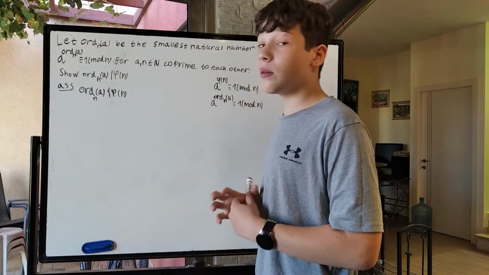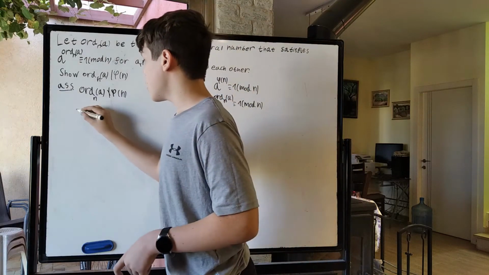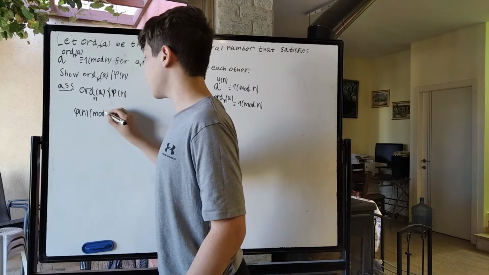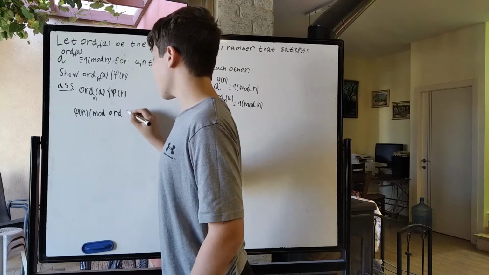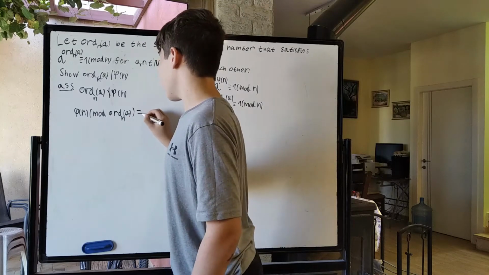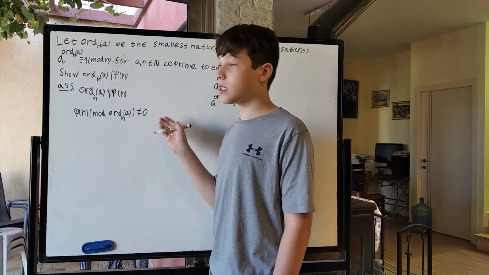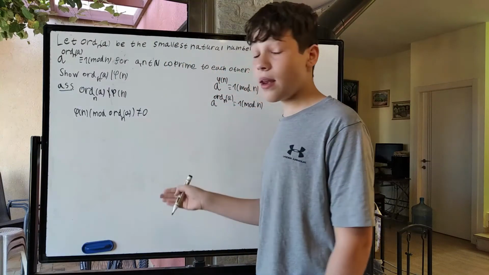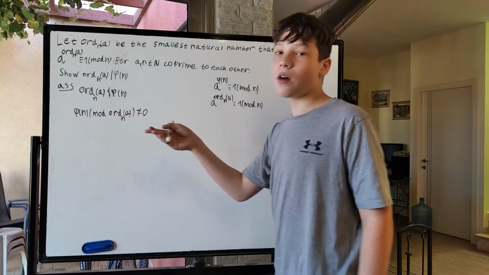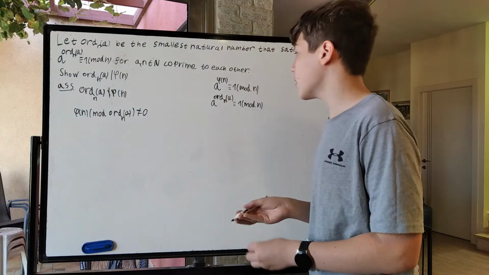Maybe what we can say from this is that now we know that phi of n mod order a of n is not 0. Of course, it's between 0 and order a of n. Now we know it's not 0. Otherwise, order a of n, by definition, would have divided phi of n.